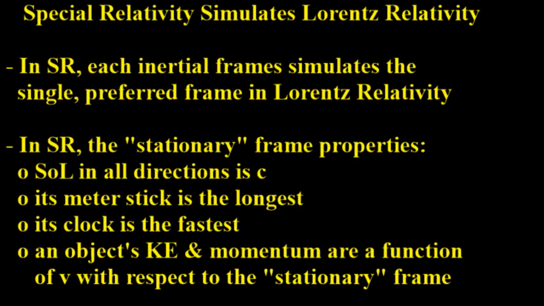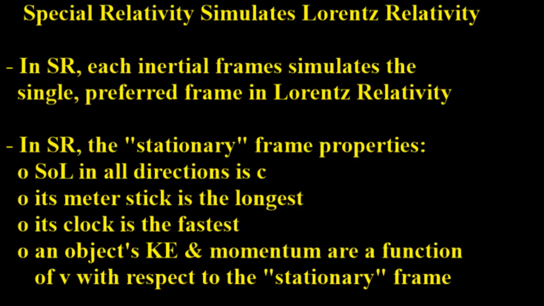Now, Lorentz relativity doesn't go into the details of the properties of the ether, or even that there is an ether that exists. It's just a high-level conceptual view. So, what does special relativity do with respect to Lorentz relativity?